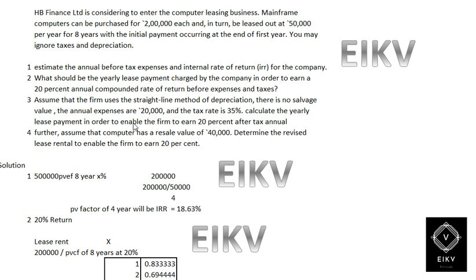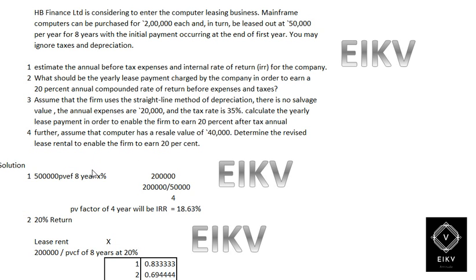Calculate the yearly lease payment in order to enable the firm to earn 20% after tax annually. Number 4: further assume that the computer has a resale value of 40,000. Determine the revised lease rental to enable the firm to earn 20%.